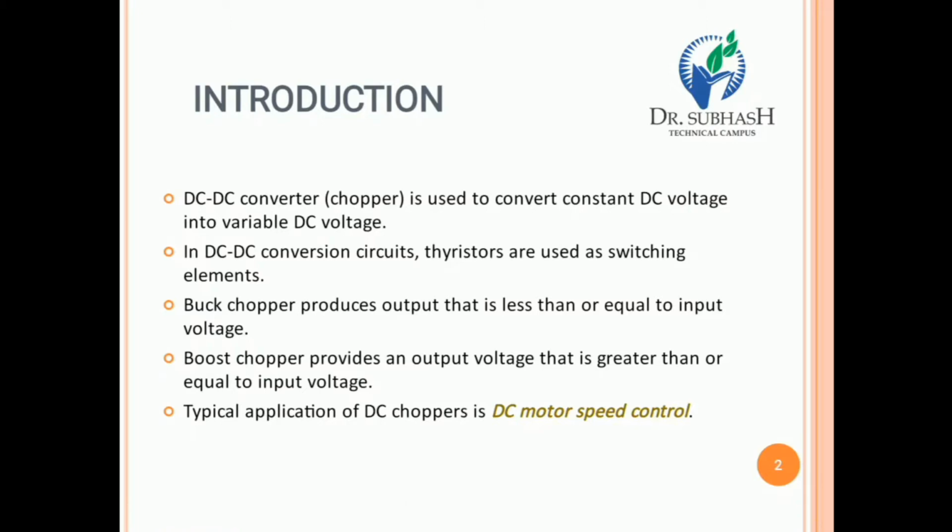In the boost chopper circuit, the output voltage is greater than or equal to the input voltage, and it is also known as a step up chopper. The third one is step up and down. It is a combination of buck and boost chopper, so the voltage can be either increased or decreased. That type of chopper circuit is known as a DC step up down chopper circuit. The application of the DC chopper circuit is in DC motor speed control.